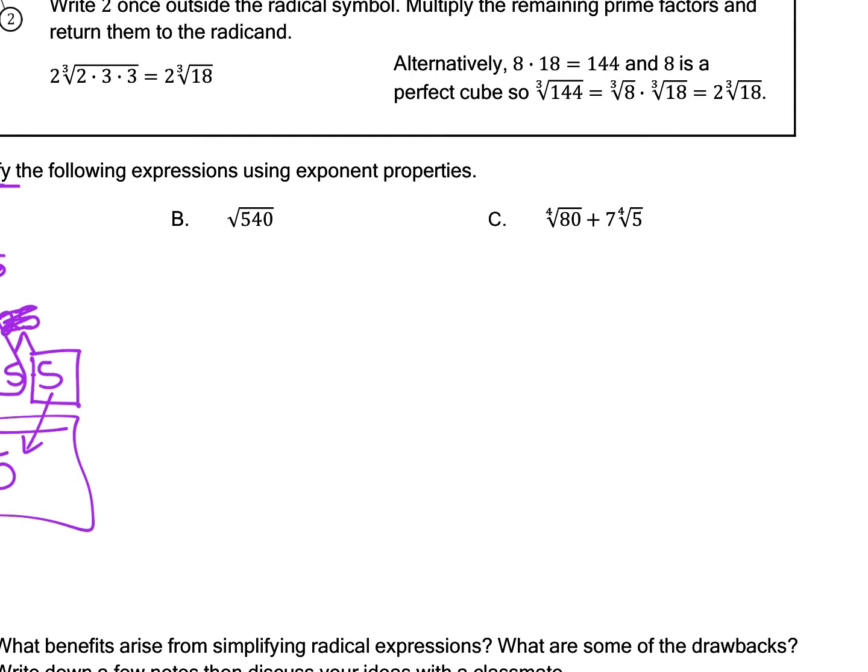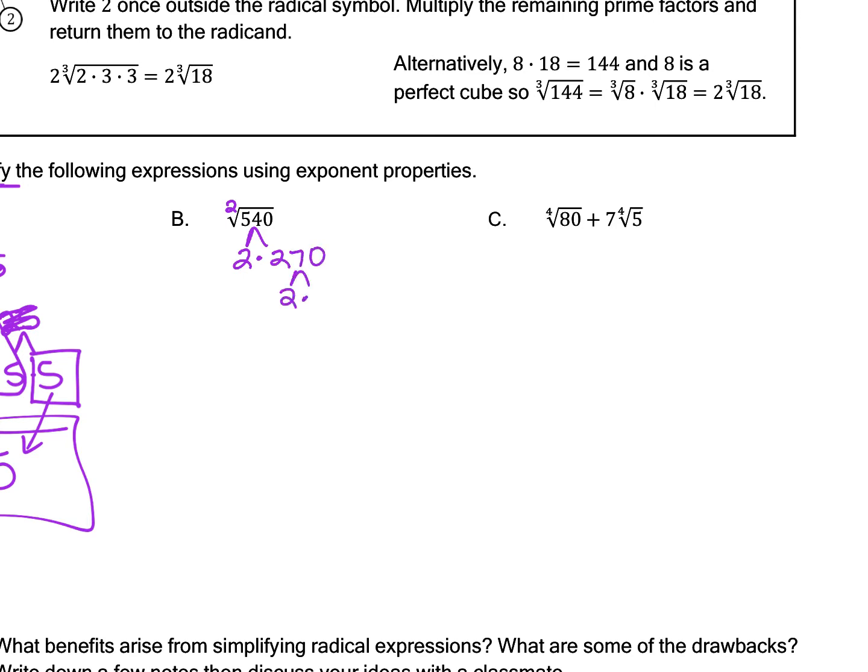So looking at part B, I have the square root of 540. Notice my index is 2. So I'm going to be looking for 2 of the same number. Again, it doesn't really matter how you start it. I just like to start with the smallest if possible. So 2 will go into 540. So that's 270.